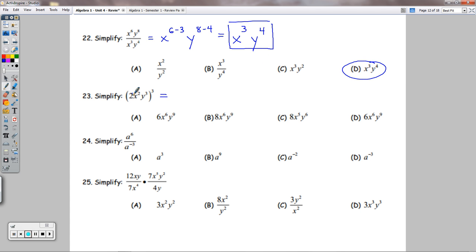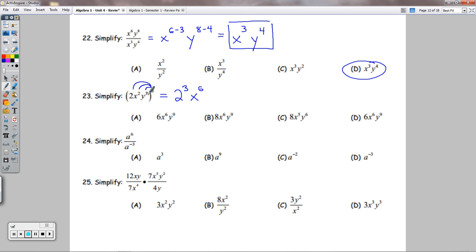23. This is like 2 to the first, and then x squared, y cubed, all of that to the third power. Power to a power, we're going to multiply those powers. So in a sense, you're thinking of distributing that power to each piece right there. So this would be 2 to the third. This would be x to the 2 times 3, or x to the 6th.